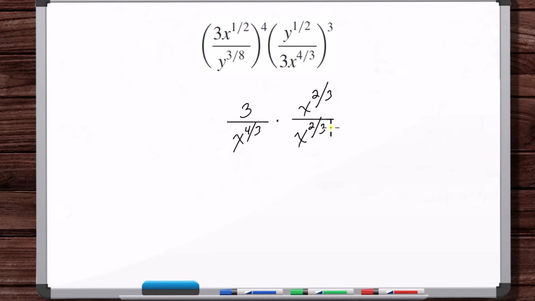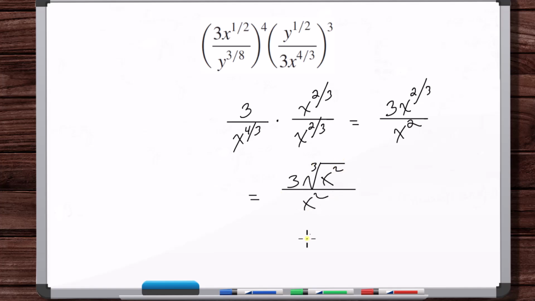So 2/3 plus 4/3 is 6/3. So there we go. We've got 3x to the 2/3 over x squared. So this is 3, and there we go. That's fully simplified in radical form.